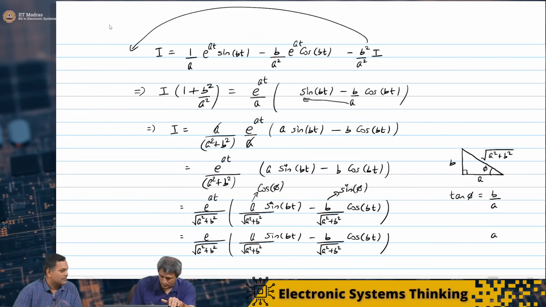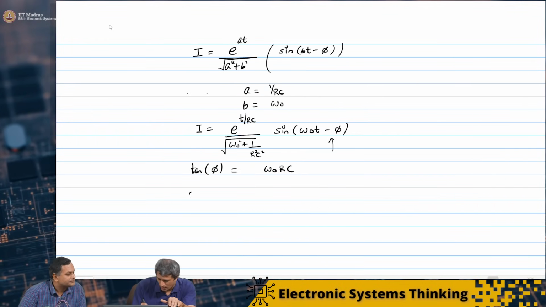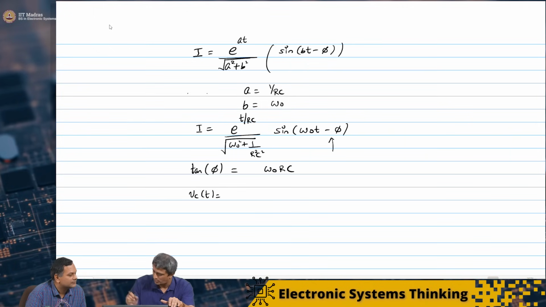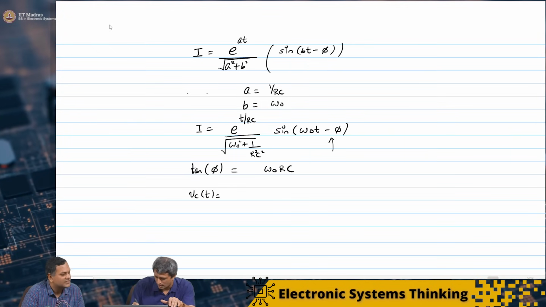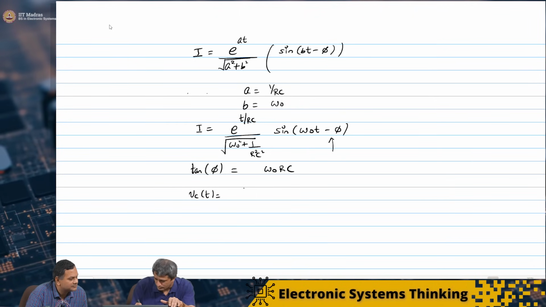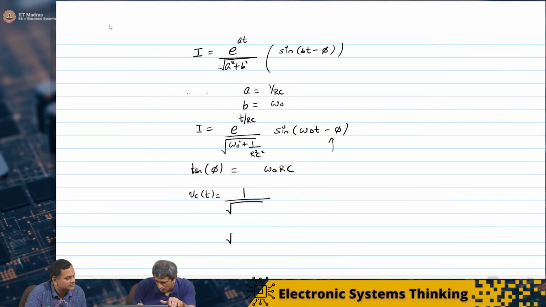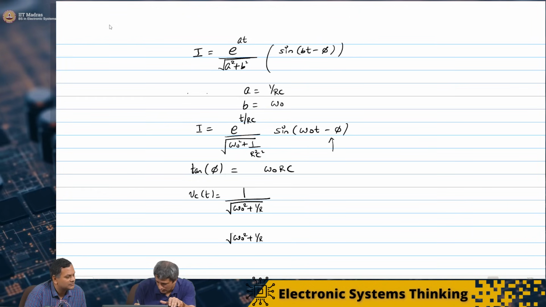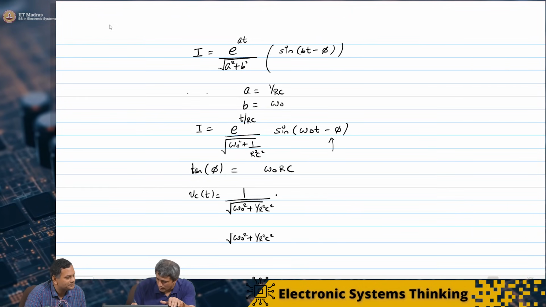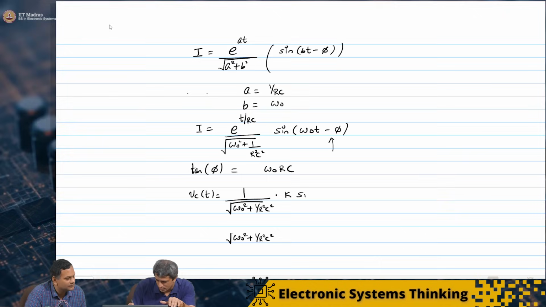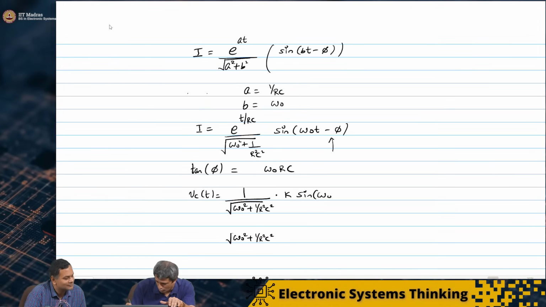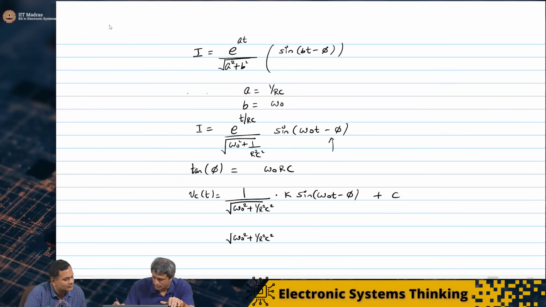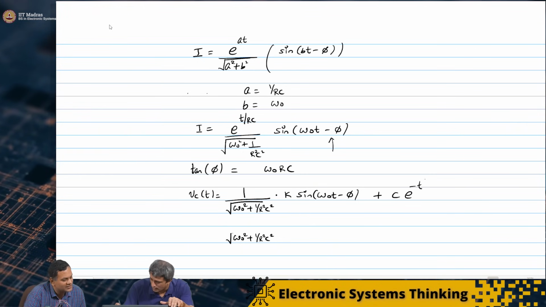So Vc of t is going to be 1 by root of omega naught squared plus 1 by r squared c squared into k times sine omega naught t minus phi, plus constant times e power minus t by RC.